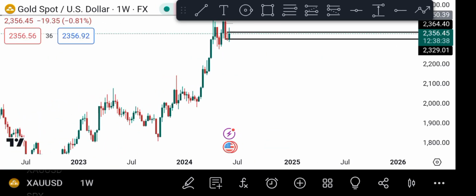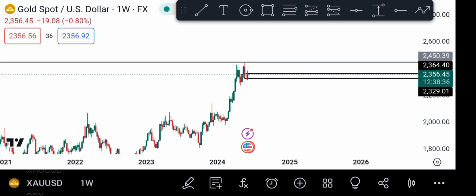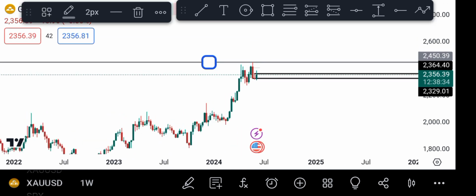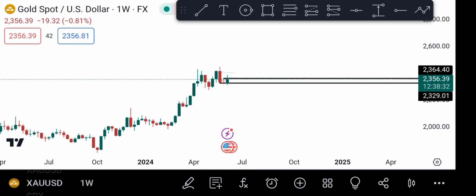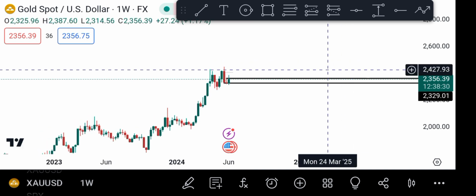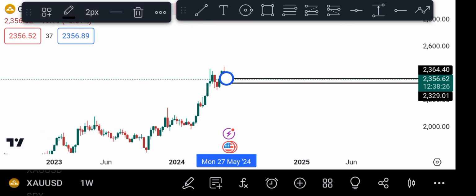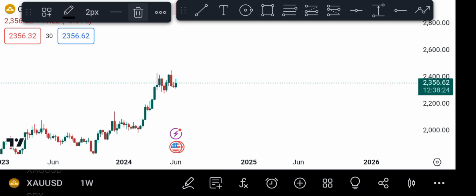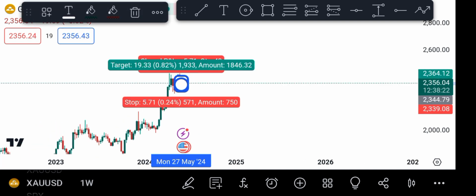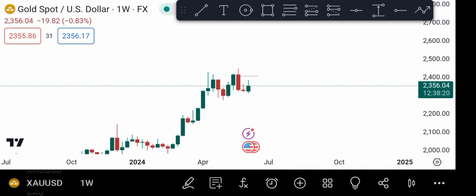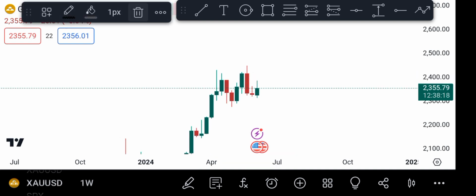I have analysis everywhere. Now, if you see, I mapped out a high before. If I were to take a trade using normal price action, I would have gotten a lot of profit. Alright, so let me go and clear my charts and get ready.